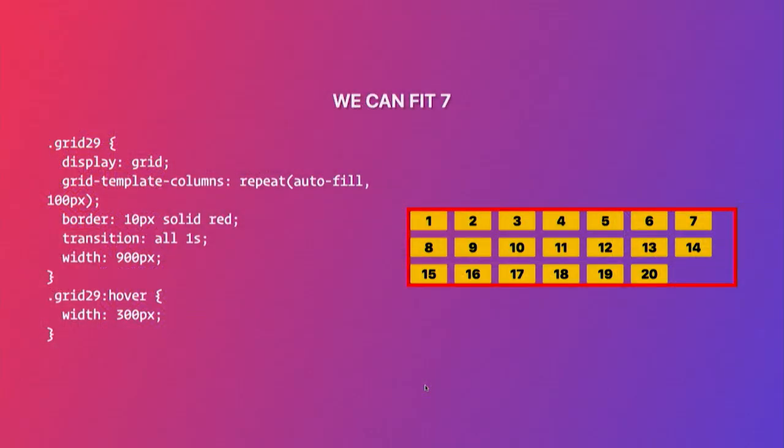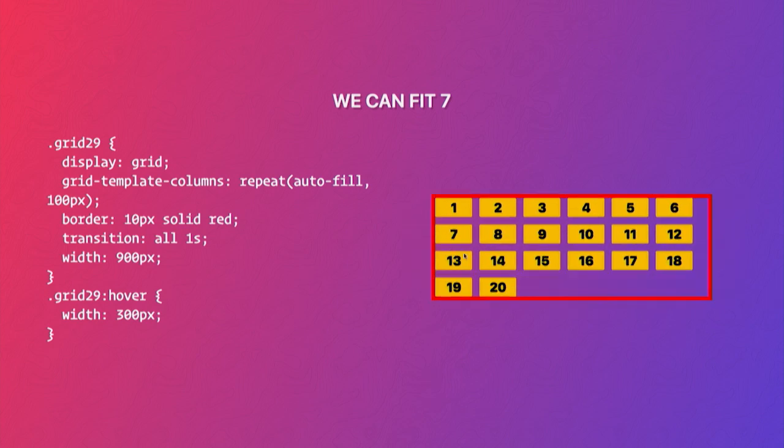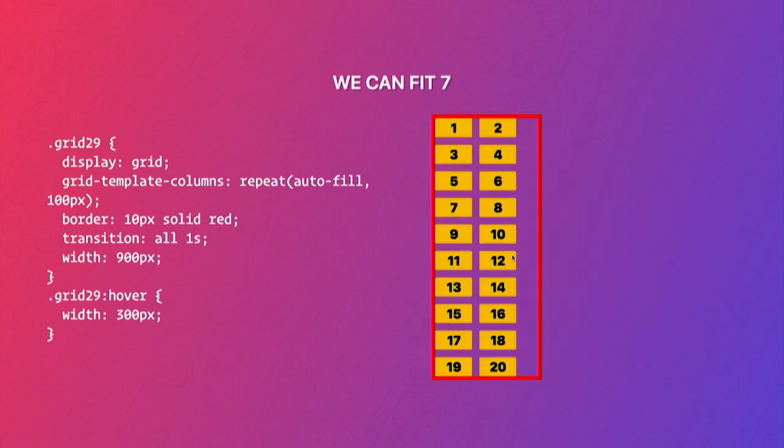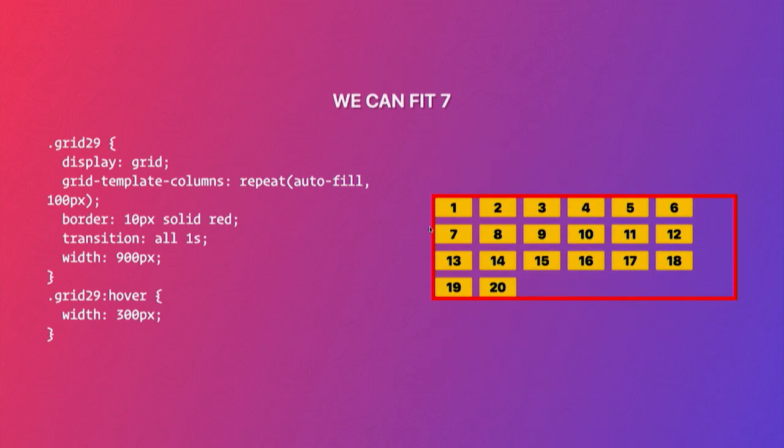And in this case, it can fit 7 before it's got a little bit of extra space, but it can't squeeze another one in there, so then it moves on. But if I were to make that smaller, then it's only going to fit 2 in, because they have to be 100 pixels. And then they'll just make more rows.